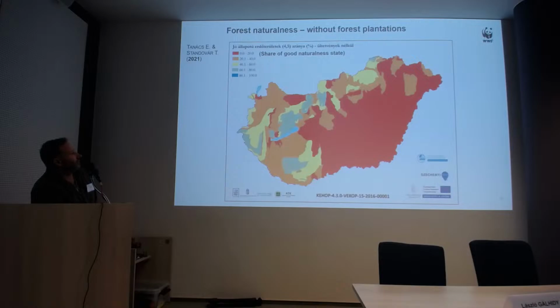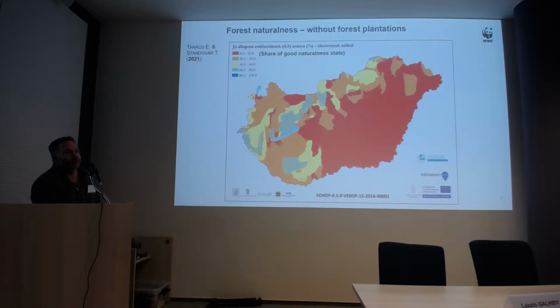So the red color, for example, represents forests where the good naturalness state is just 0 or 20%. So it shows that in this region, very few forest stands are of higher naturalness.